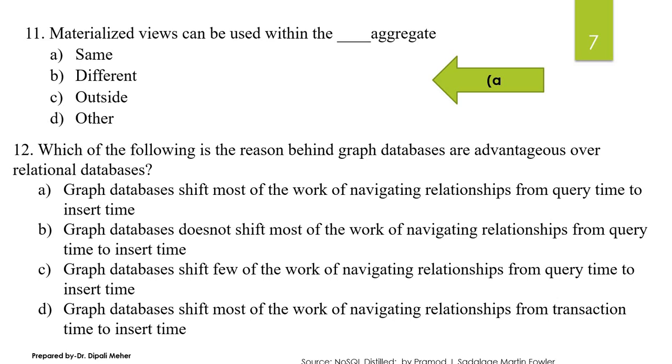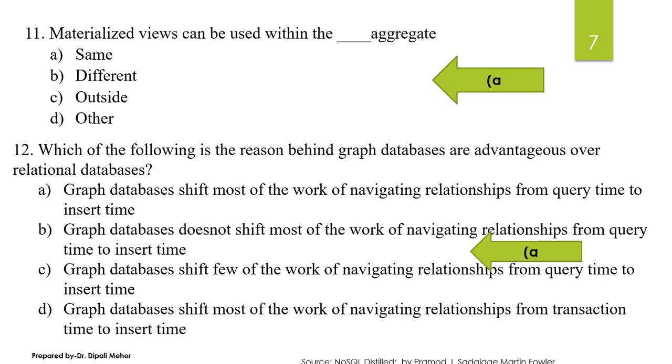B. Graph databases do not shift most of the work of navigating relationships from query time to insert time. C. Graph databases shift few of the work of navigating relationships from query time to insert time. D. Graph databases shift most of the work of navigating relationships from transaction time to insert time.